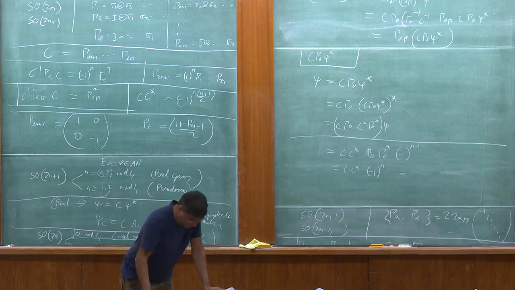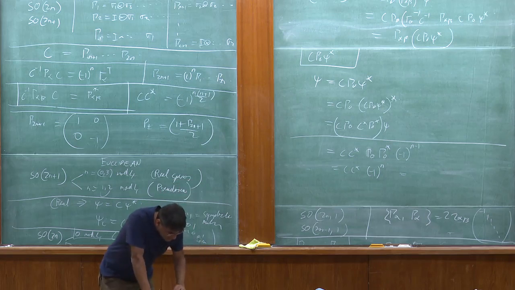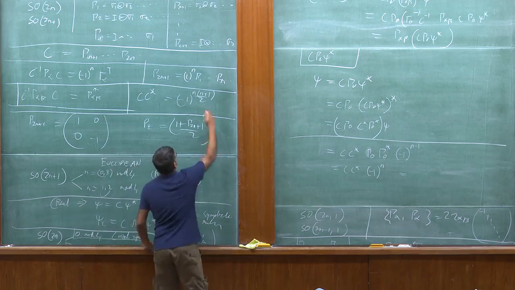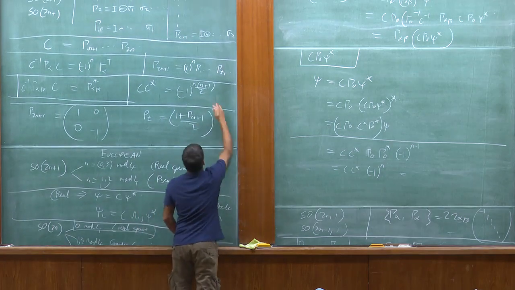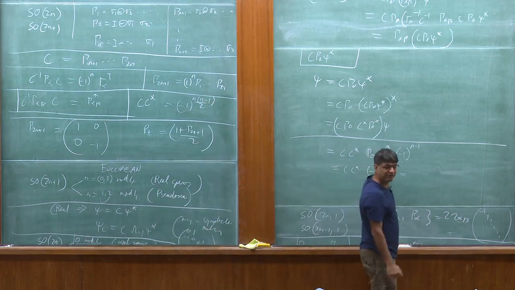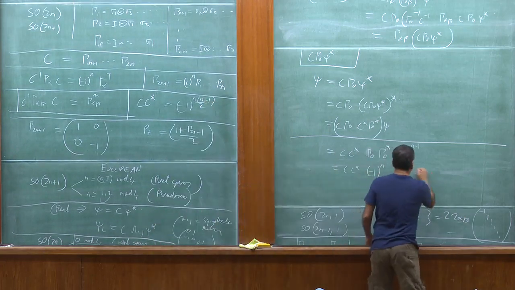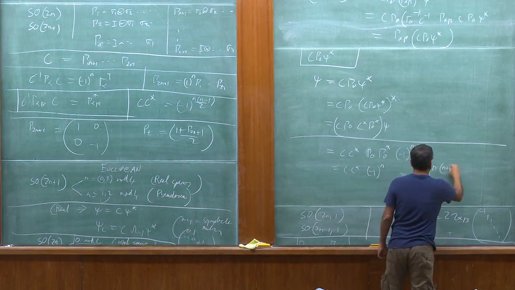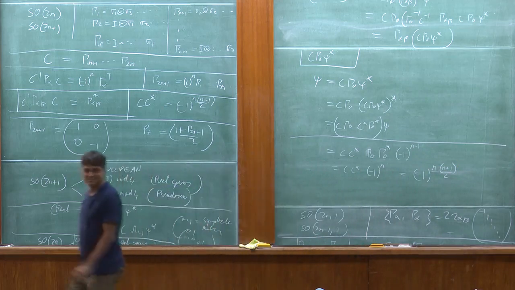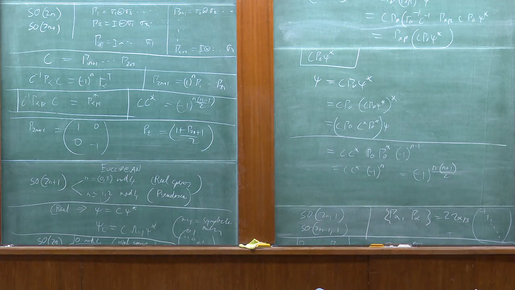Not that it makes much of a difference, but yeah, n minus 1. And yeah, it makes a difference. Sorry, this one was n minus 1. So we add a factor of n. So this is minus 1 to the power n into n plus 1 by 2. Was it n to n plus 1? I'll check, sorry.